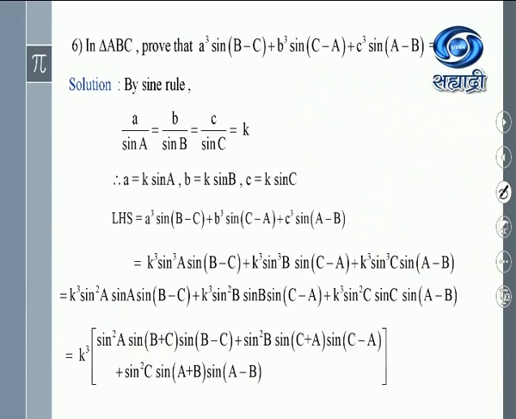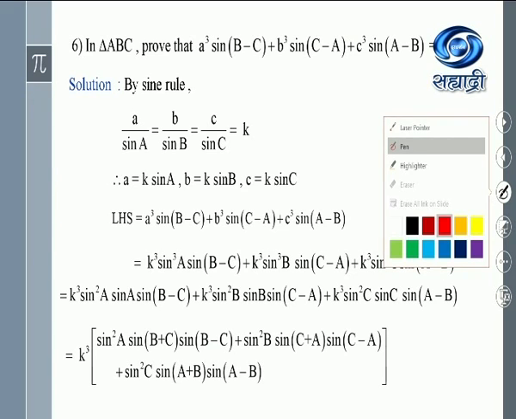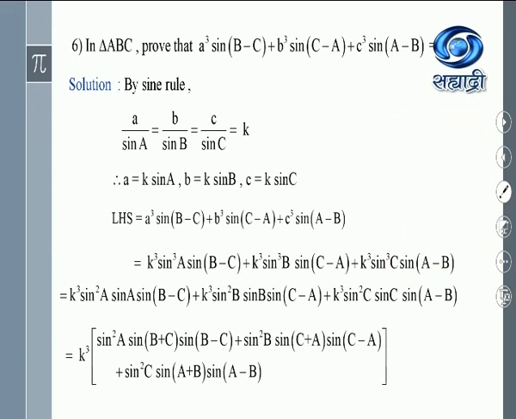I think you are getting this. Okay. Similarly, we write sine of b. How to write sine of b? Sine of b is equal to sine pi minus into bracket c plus a. But sine of pi minus c plus a is sine of c plus a. Similarly, we write down this sine c as sine of a plus b. How to write?